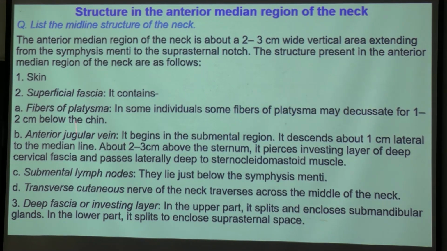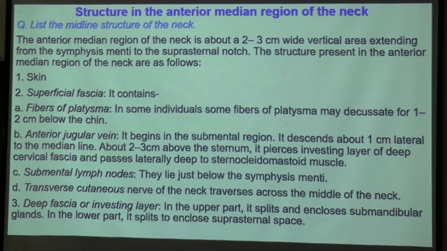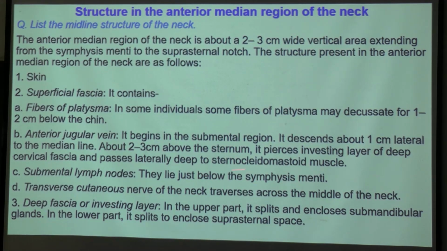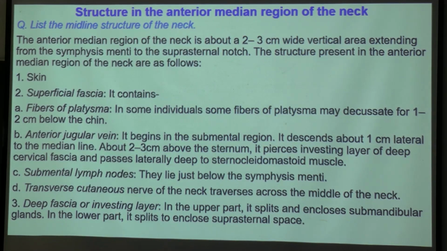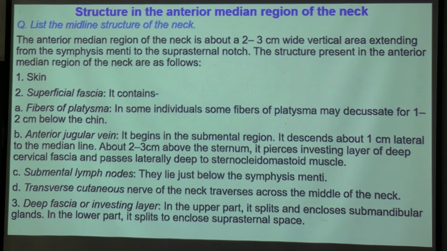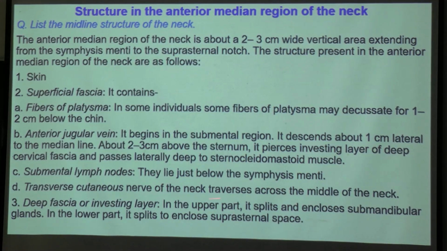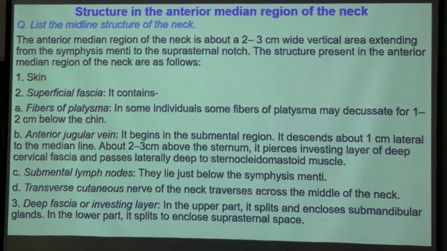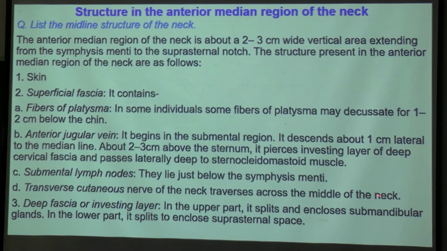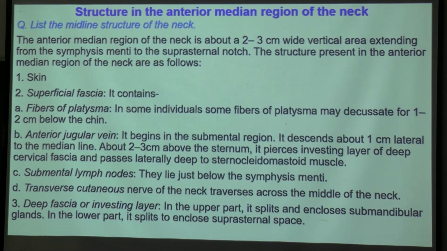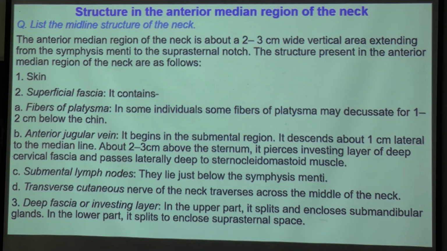We have the anterior jugular vein in the dissected body. Next are the submental lymph nodes. They lie just below the symphysis menti. These we generally remove during dissection. And the transverse cutaneous nerve of the neck traverses across the middle of the neck, across the sternocleidomastoid.